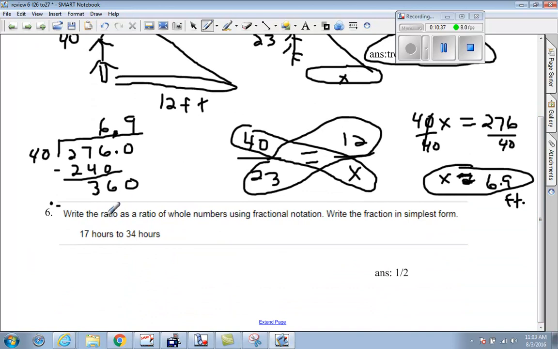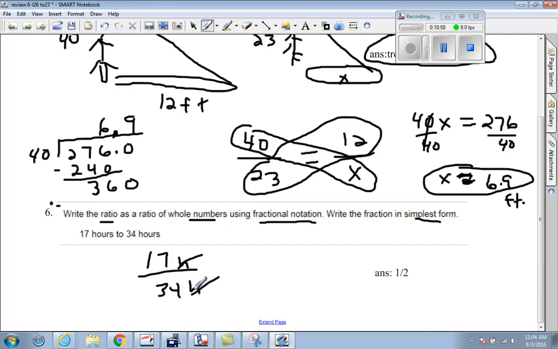Write the ratio, which means fraction, as a ratio of whole numbers using fractional notation in simplest form. Okay, so 17 hours to 34 hours. Is it as simple as that?